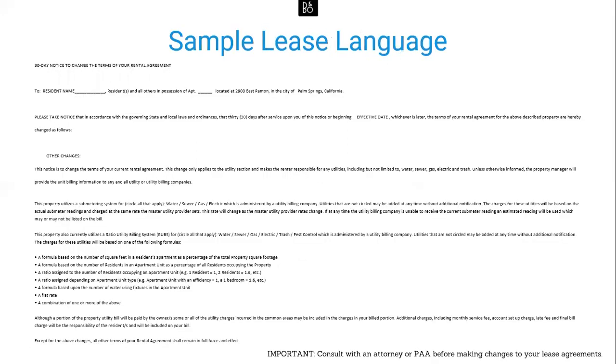All right, so Kate, I know you mentioned the lease language being extremely important. Let's talk about this and notice periods and all the above with the sample lease language page. Oh, excellent. Okay. So this is a sample of a RUBS lease language addendum. What's important that I'd like you to see in this particular example for RUBS is that we've listed every type of scenario that we can think of.